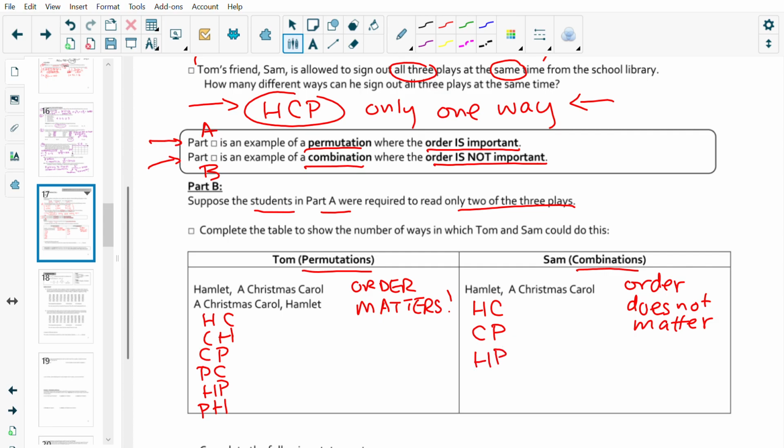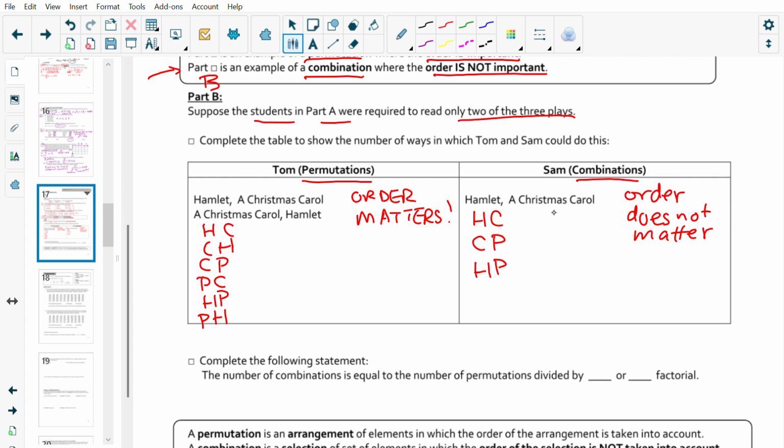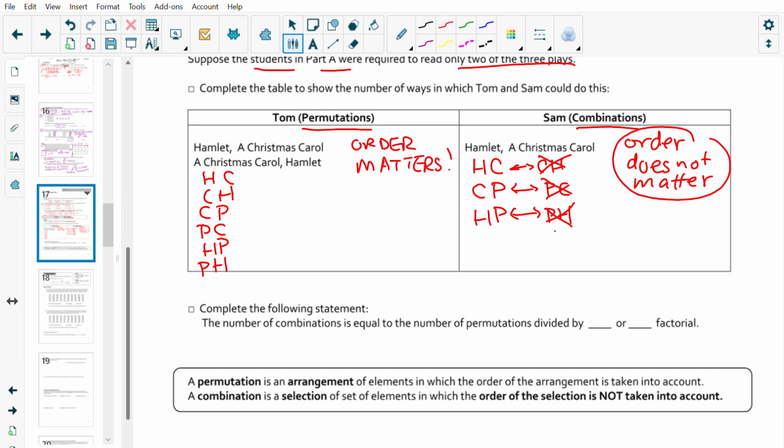Those are the only 3 possible ways. Because if you sign that out as CH, well, that's the same as HC, so we need not say that. Same thing here. If you signed it out as PC, it's the same as CP, so we don't need to restate it. You're double counting. Again, PH, nope, because order doesn't matter. PH is the same as HP, so we can just say HP.